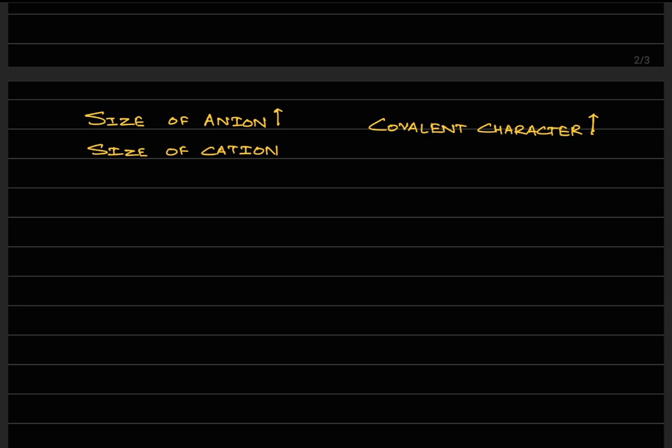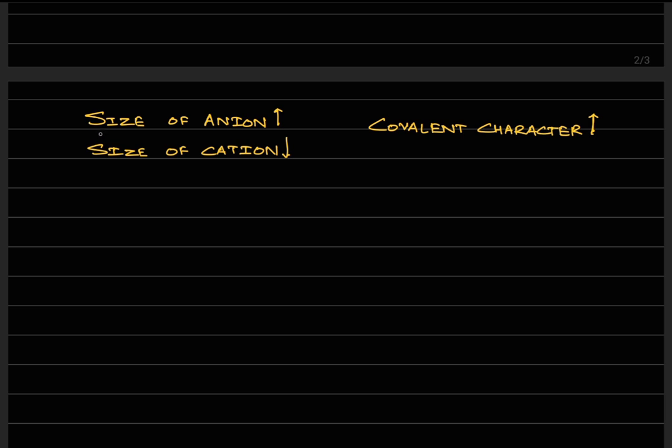Why? Because if the size of anion increases, it would be easier to attract the electrons from the anion. But if the size of cation decreases, the covalent character increases. Why? Because the cation would be more accessible to the anion, easily attracting the electrons.